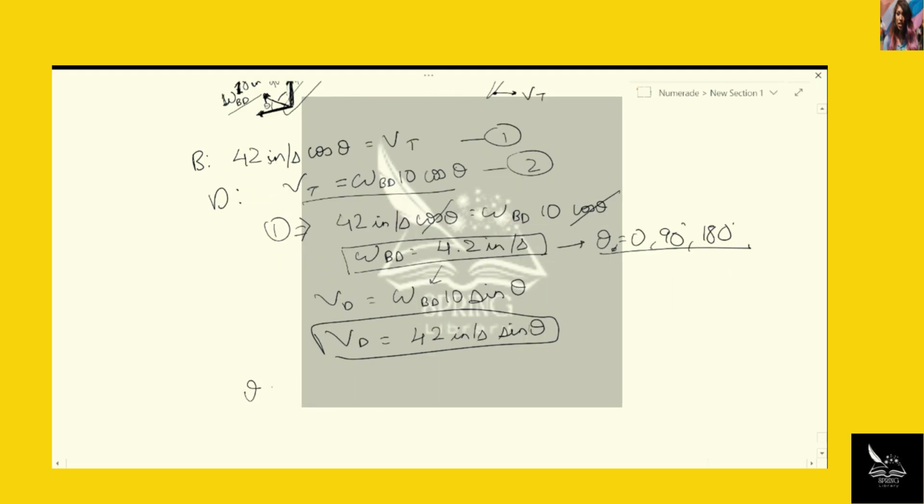So now if you put different angles, for theta equals 0, VD equals 0. For theta equals 90 degrees, VD equals 42 inches per second.